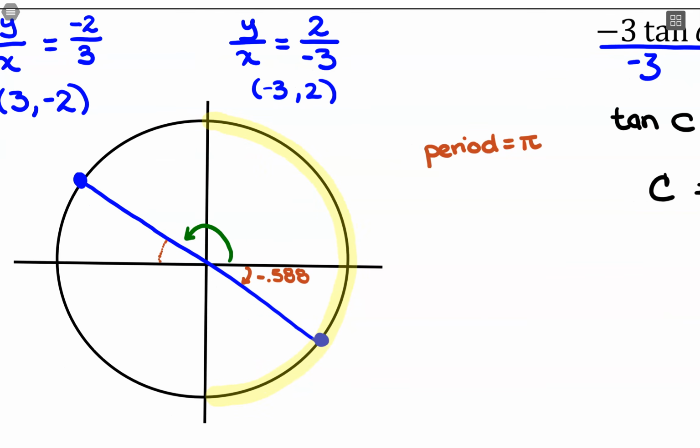So where I'm solving for this green angle measurement, how I could think of that is I want to go this distance of pi, but then I want to take back that 0.588. So how I'm going to calculate this is going that distance of pi, but then take out that angle of 0.588.